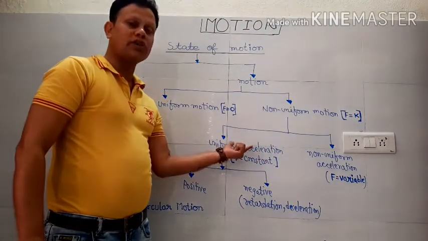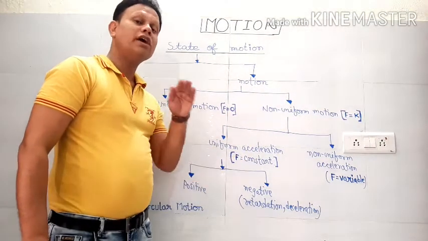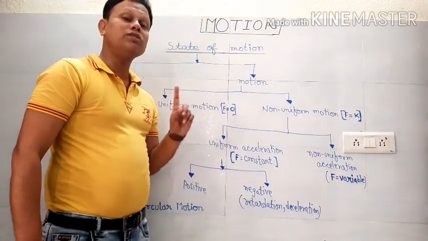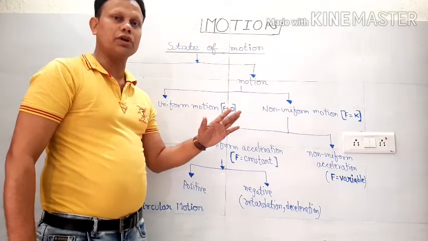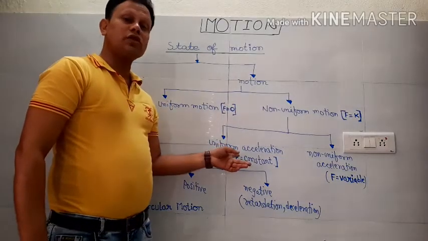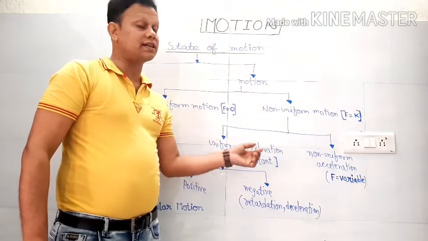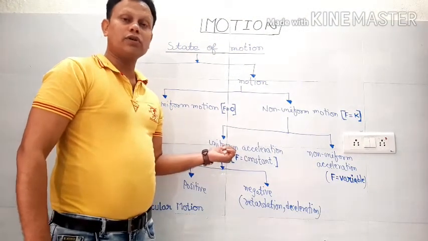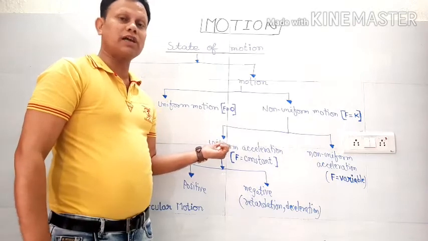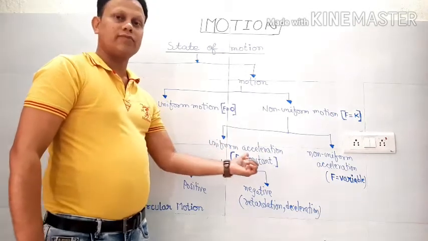Means for uniform acceleration, the value of force needed should be fixed. It should not keep on changing throughout the journey. So as long as the force is constant, the object will be observed in uniform acceleration, and that is a very important part of your chapter, because most of the time we have to deal with this topic.